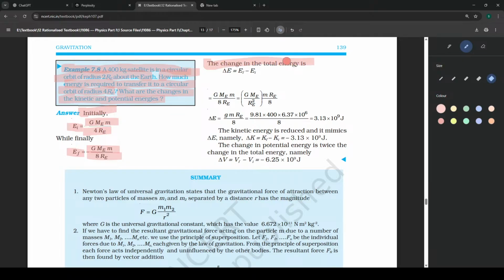The change in total energy should be E final minus E initial. Basically, it gained half of the energy. The magnitude of the energy reduced, but as it was in minus sign, the total energy actually increased.